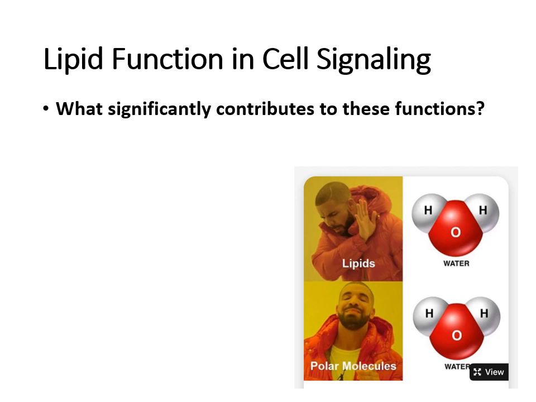Well, then you can see that the hydrophobic property of lipids can contribute a lot to their ability to function in terms of having high affinity ligands bind to hydrophobic pockets in receptor proteins.